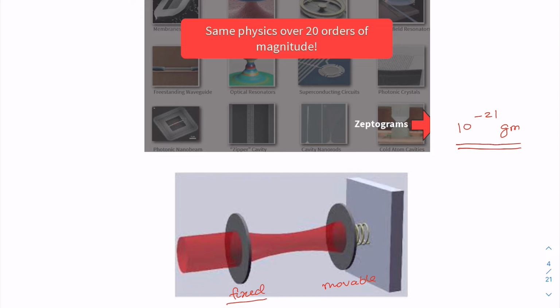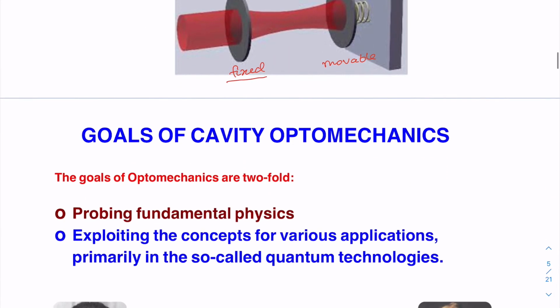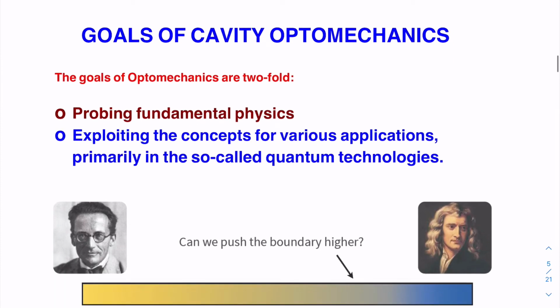And we'll see in today's class how we can actually model it. A typical Hamiltonian we can write for this particular cavity optomechanical system, and this Hamiltonian would contain all the necessary physics.